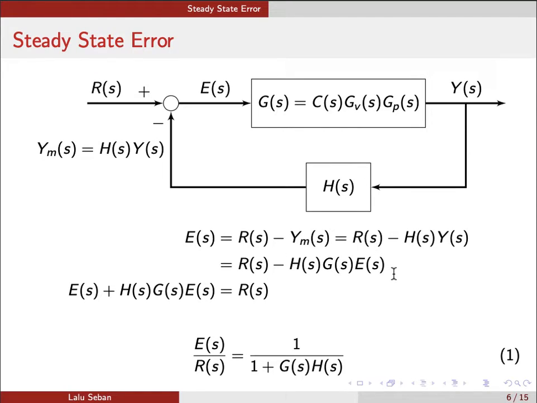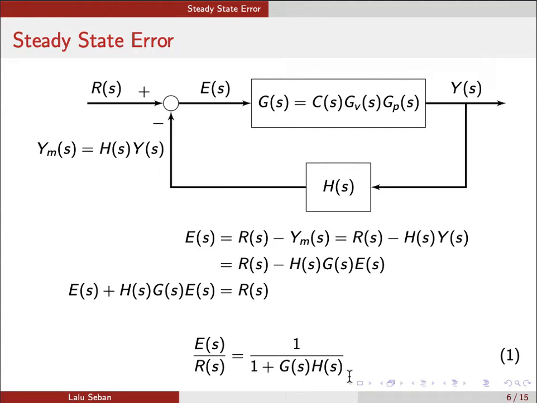Now taking all the error components, that is E(s), to the left hand side and rearranging the equation, taking common things, we will be getting E(s) to R(s) is equal to 1 by 1 plus G(s) into H(s).